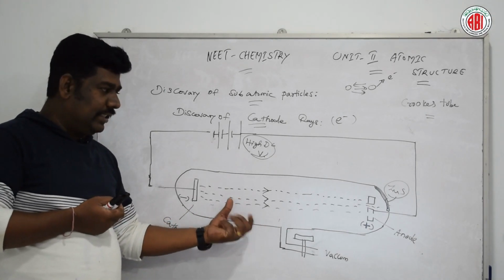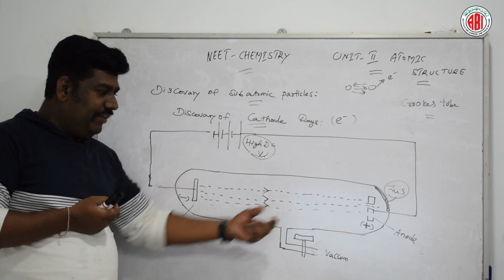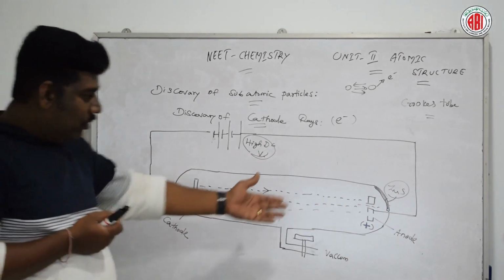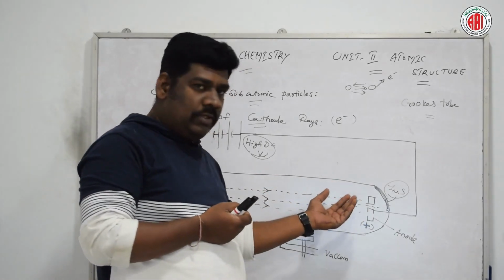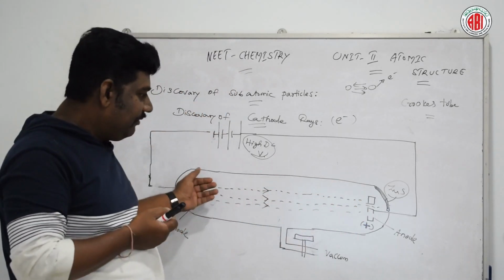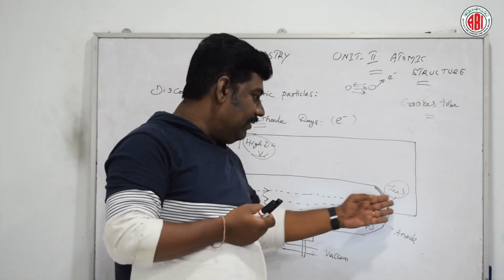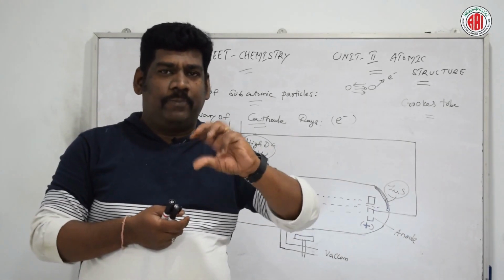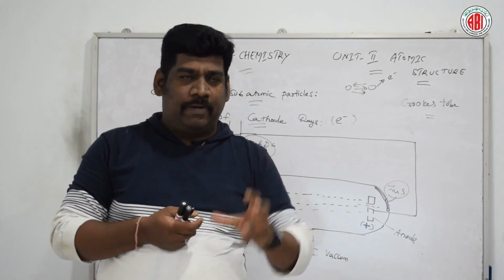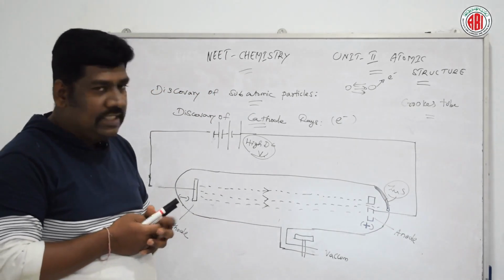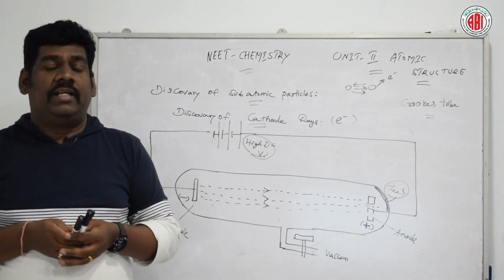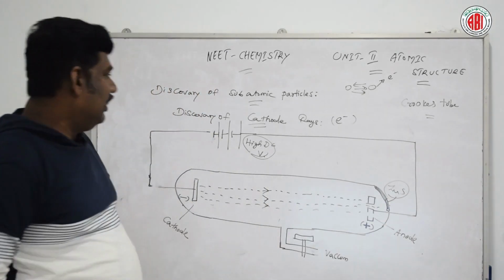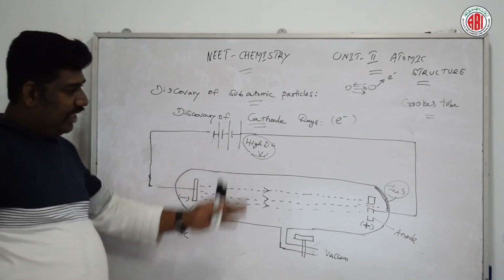The second is why we made holes in the anode electrode. The holes help the cathode rays penetrate through it, fall on the zinc sulfide screen, strike it and produce a bright spot. This confirmed that the particular ray is cathode rays. So this is about the discovery of cathode rays.